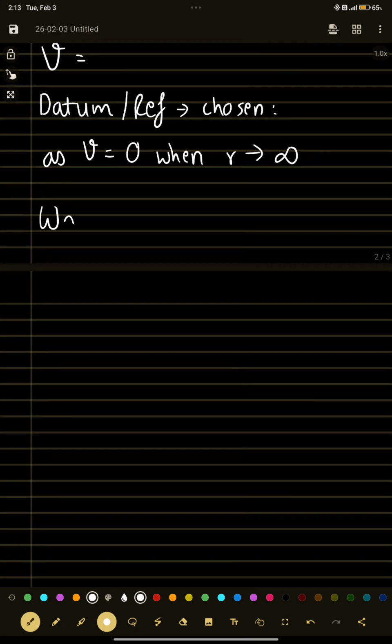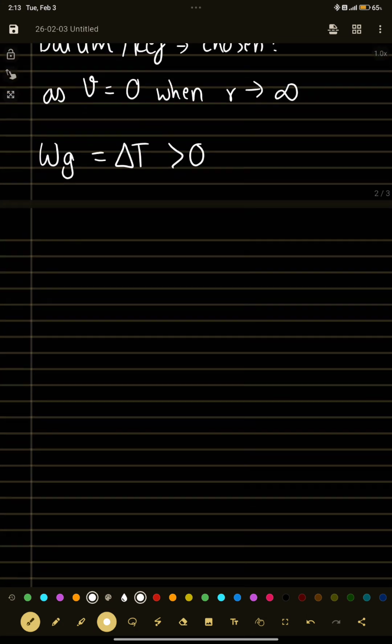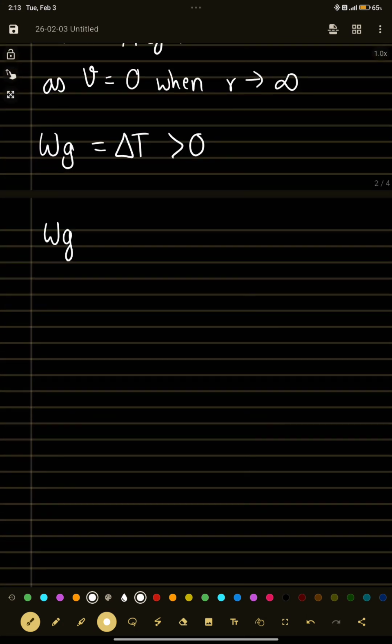is the change in kinetic energy, and this kinetic energy change is positive. Here this work done is positive. Why? Because the planet is exerting an attractive force, and the particle is approaching the bigger, massive planet.